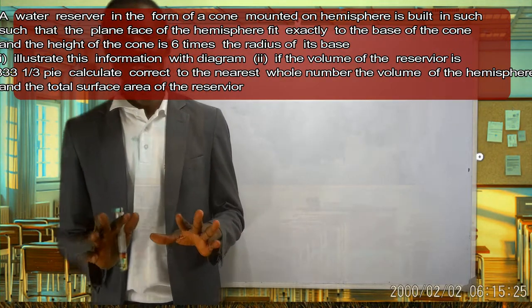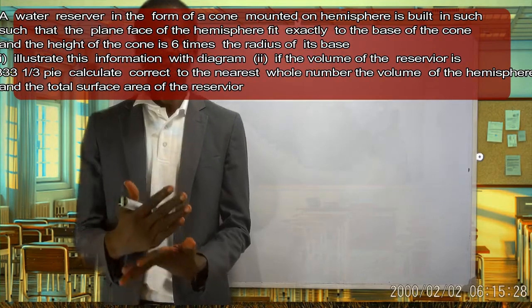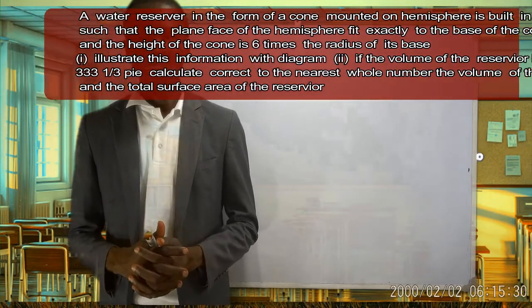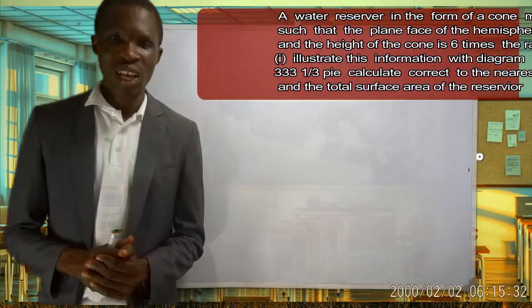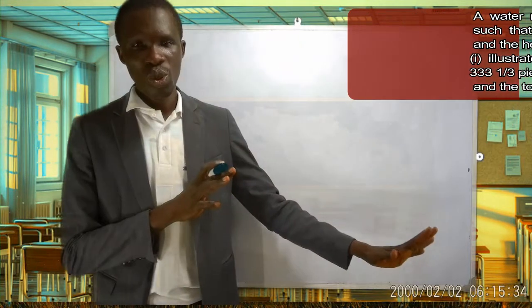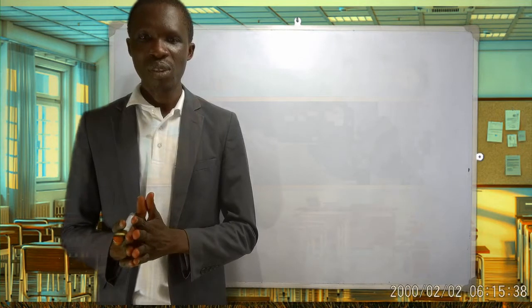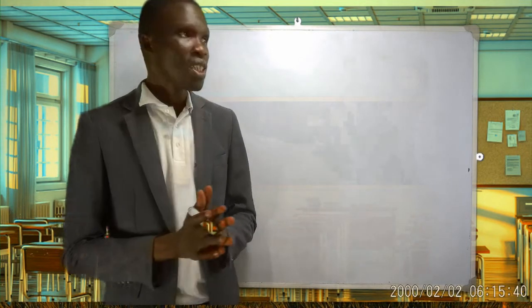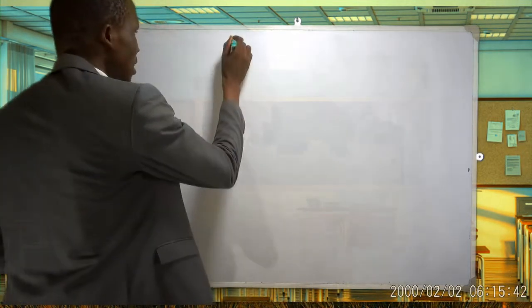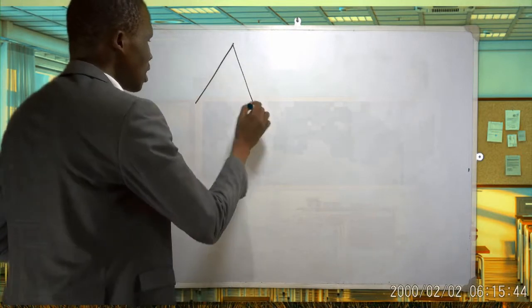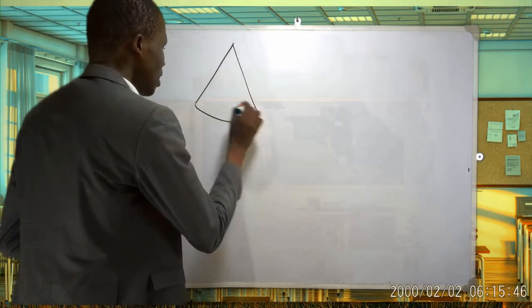Wow, this question is a little bit long, but we need to take it step by step. Now, the first thing to understand is you need to know the shape of a hemisphere and the shape of a cone. Let's just draw something like this for you to understand.